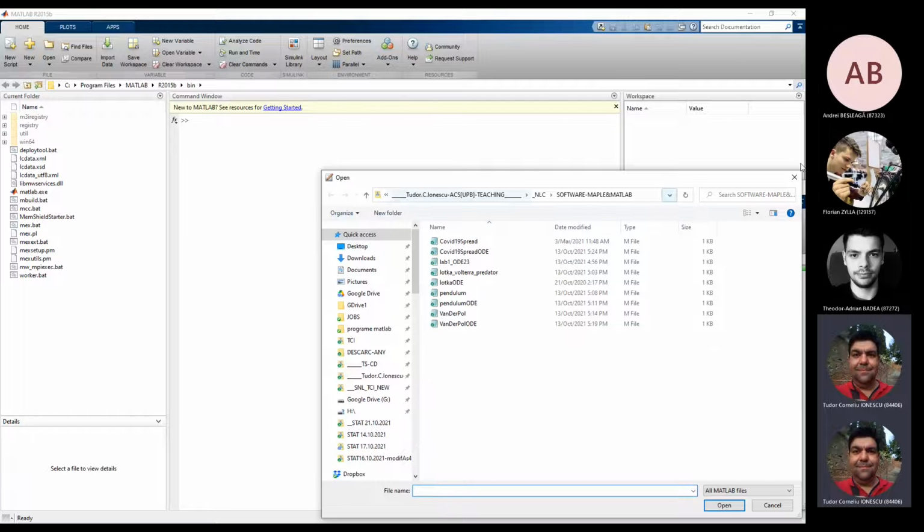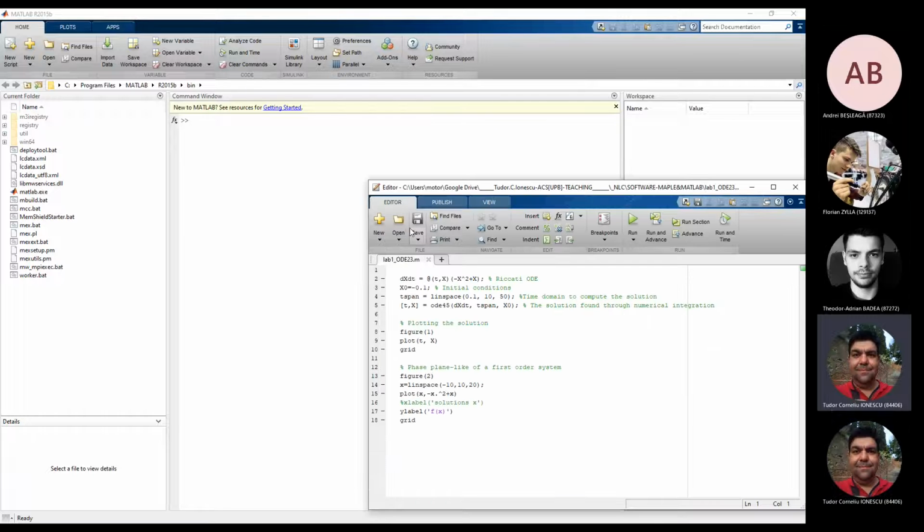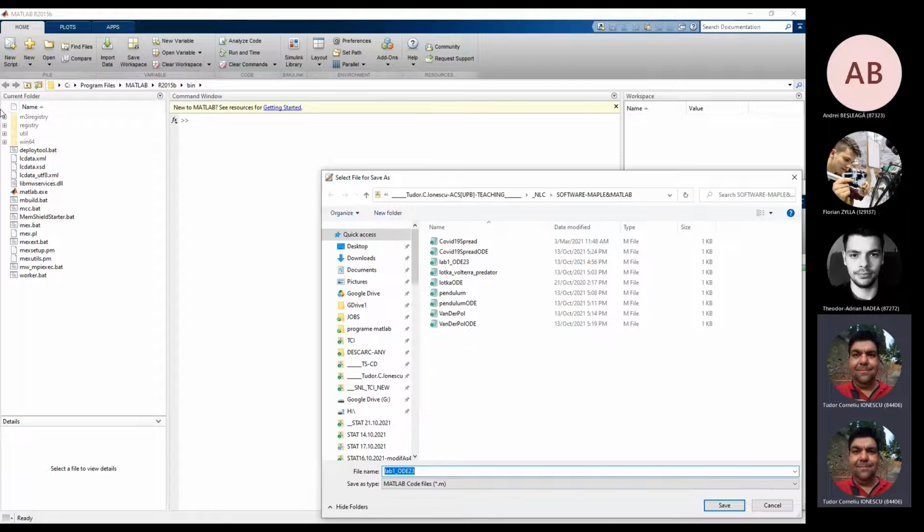Let's change the name of this file. Call it Josephson junction.